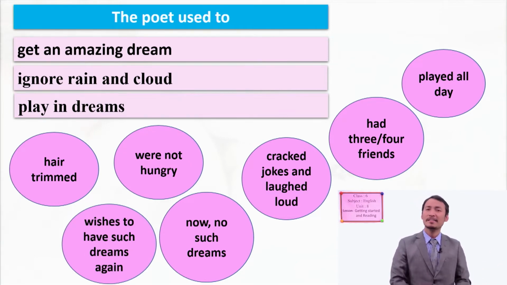Okay, students, there are different types of dreams, right? So here, what the poet is talking about is the dreams that you, in your age, do in a daily way, or daily activities.